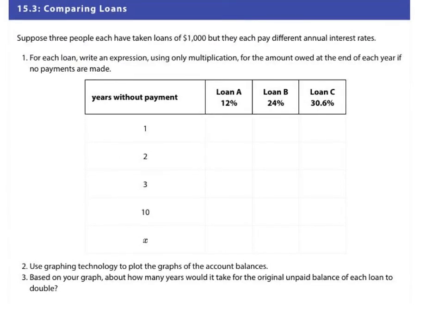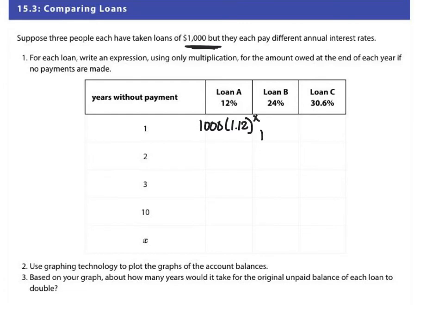Cool. So if we're borrowing $1,000, we're going to write some expressions here. Loan A is 12%, so we're going to have $1,000 times 1.12 raised to the x.